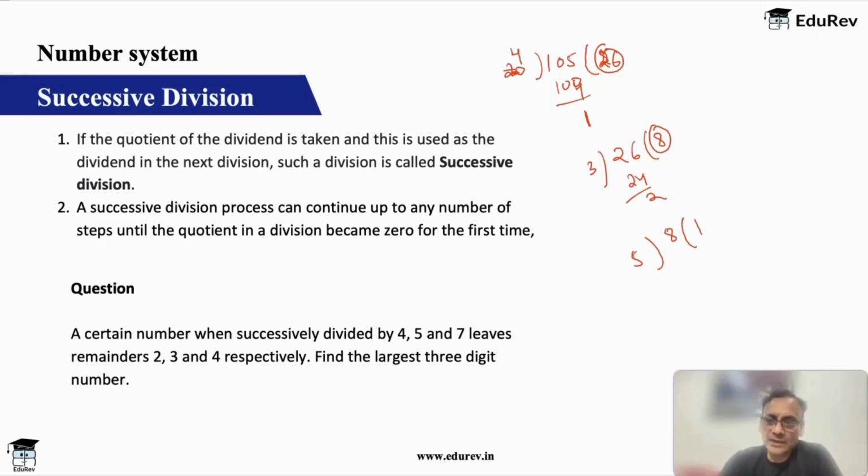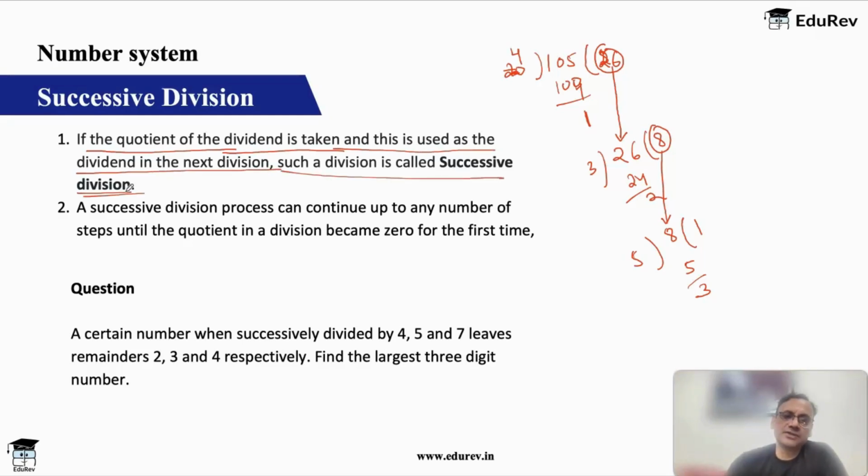You will have it 1 times 5 and you will have a remainder of 3. So basically the quotient of the previous division becoming the dividend of the next division is what is called successive division. If the quotient is taken and then used as the dividend in the next division, such a division is called successive division.